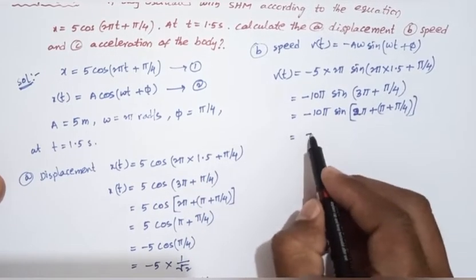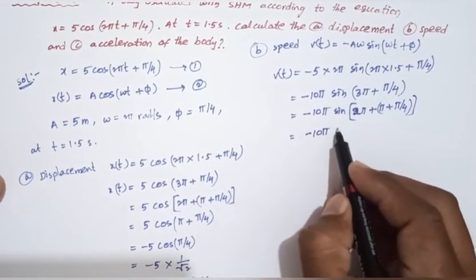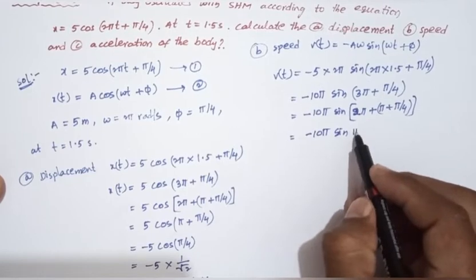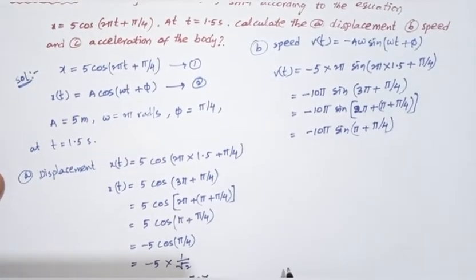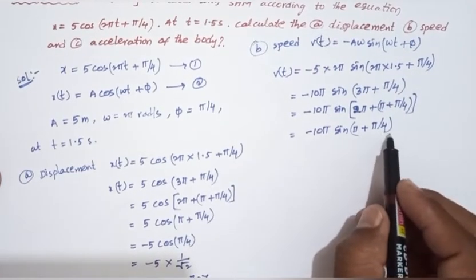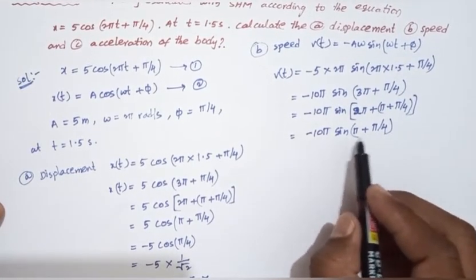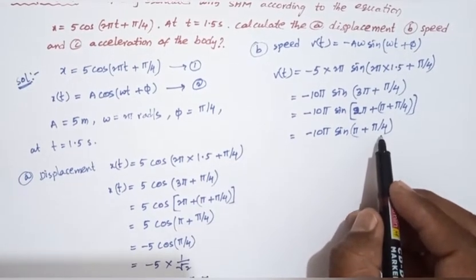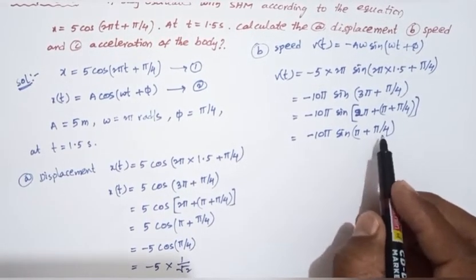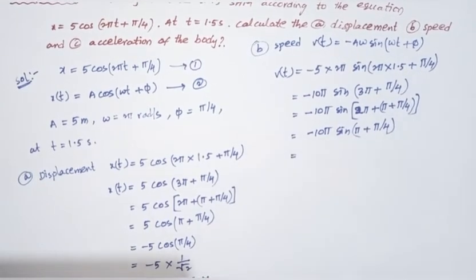So that equals minus 10π sin(π + π/4). Sin(π + theta) equals minus sin theta. So that equals minus 10π into minus sin(π/4).